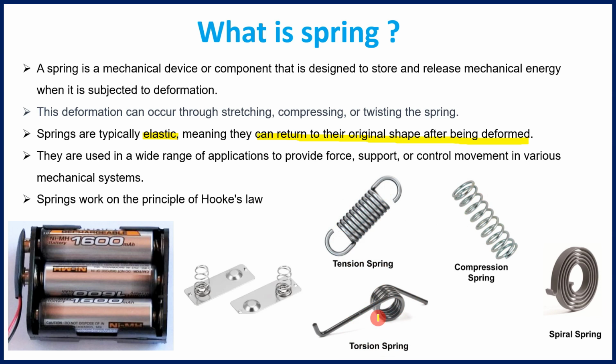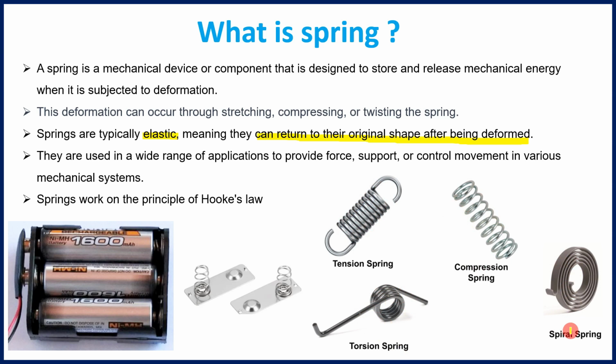This is the torsion spring. Here we apply force from this side and from this side simultaneously, so this spring is in twisting. So the deformation of the spring is that it will stretch, compress, or twist.